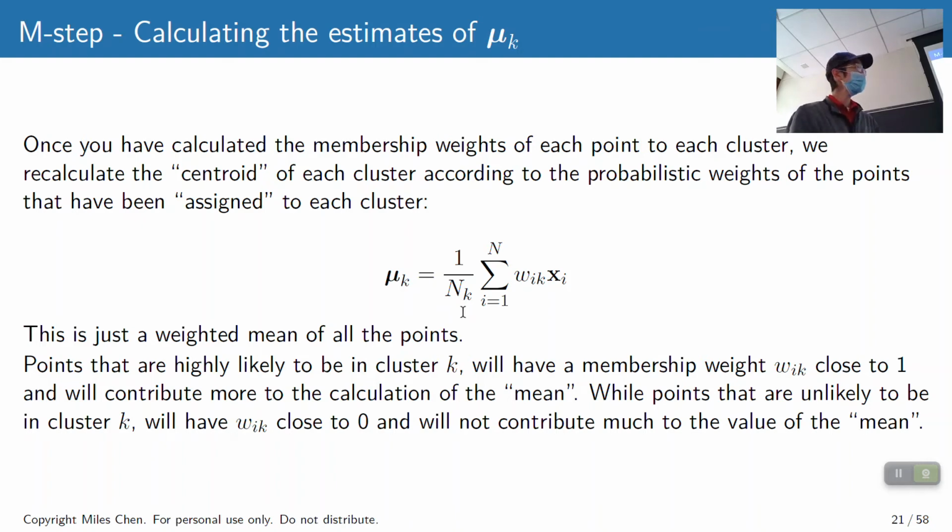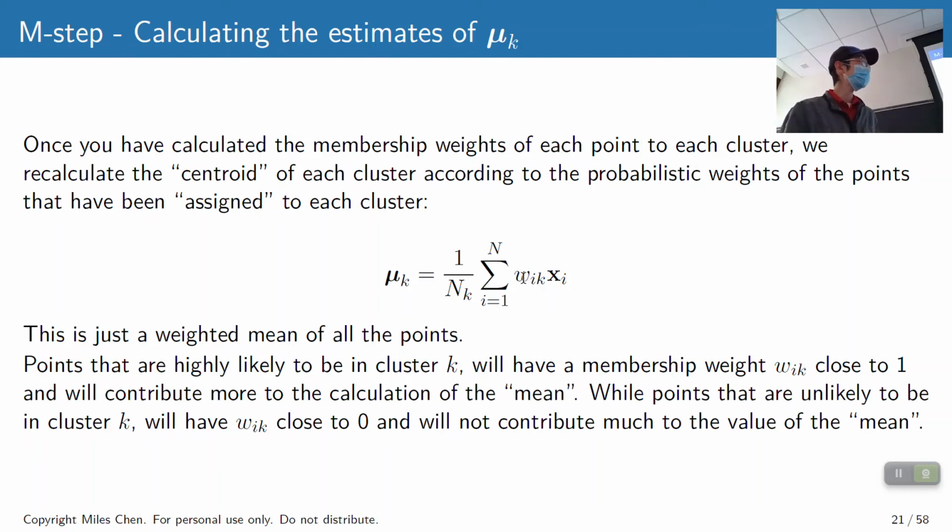This formula is very much like the way we calculate the centroid for k-means clustering. In k-means, though, instead of a w you had a z, and the z was a 0 or a 1, and you divided by the sum of z, which was basically n, how many points belong to that cluster.